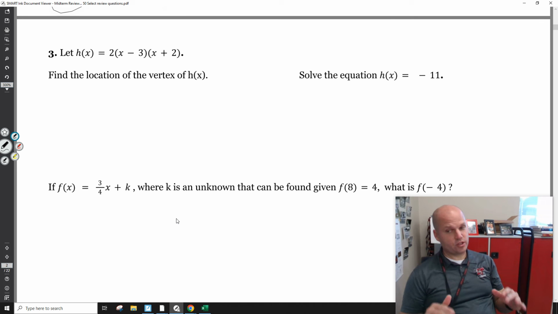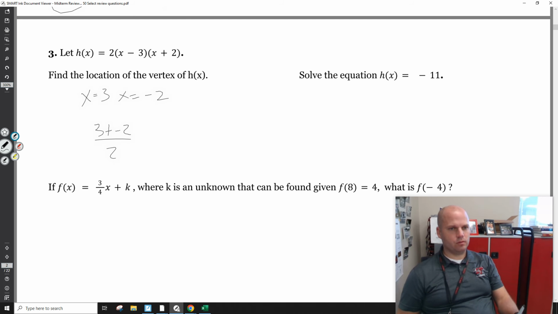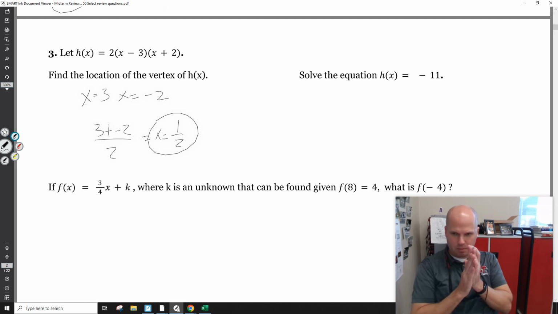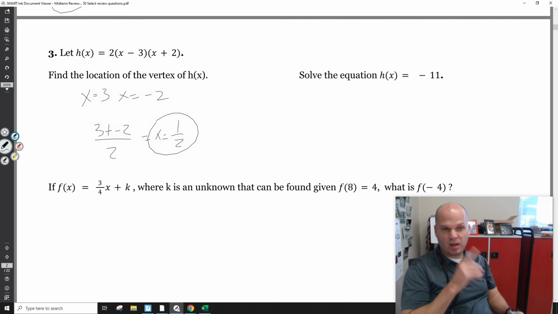These are long questions, by the way, these first questions, so I'm probably running behind schedule. X equals 3, x equals negative 2 are the zeros. The average of those two is the x-coordinate of your vertex. That's like the midpoint. Midpoint's the average of the two numbers.